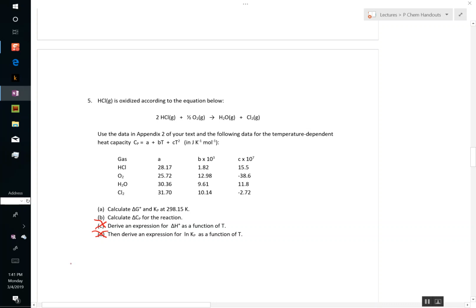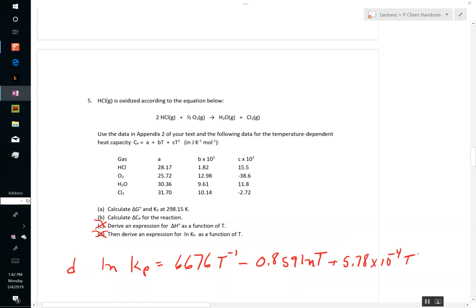The final expression for D is the natural log of Kp equals something divided by T, minus 0.859 natural log of T plus 5.78 times 10 to the minus 4th times T minus 5.25 times 10 to the minus 9th T squared minus 233.